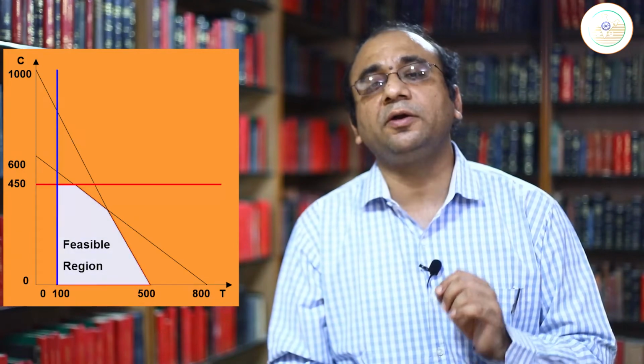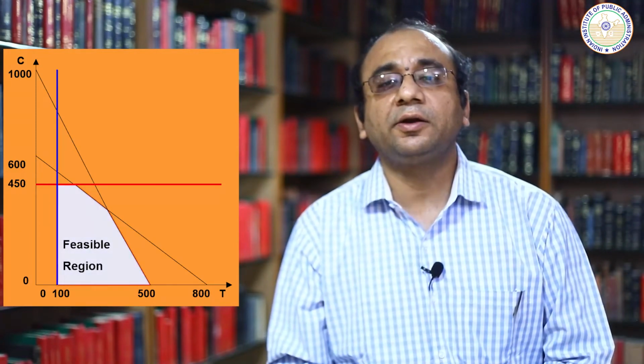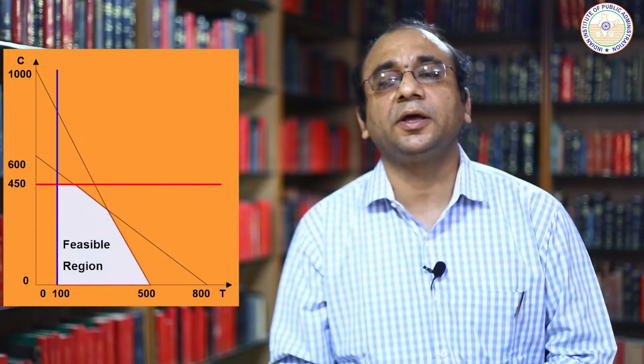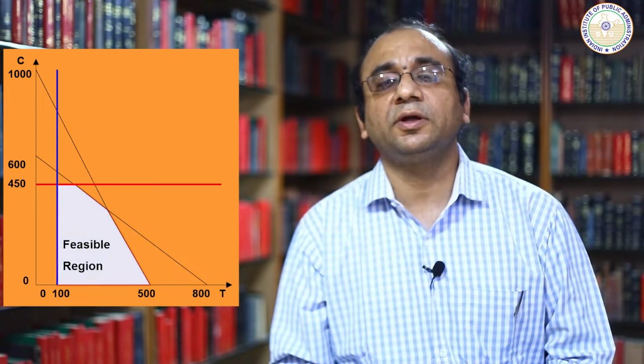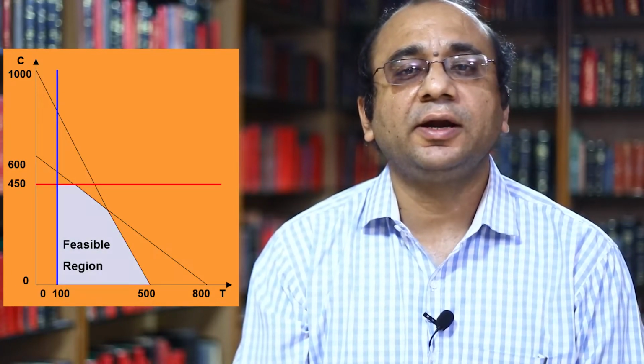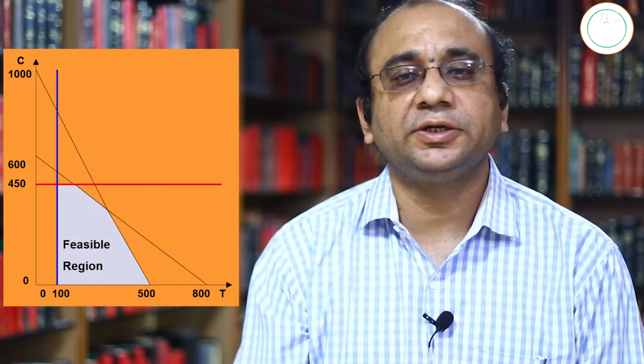Now we will find the common feasible region, which is common for all the constraints. The area which is common for all of them will be identified, and this graph shows the common area. The gray shaded area is the feasible region.